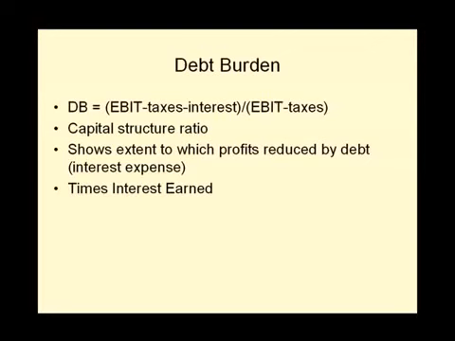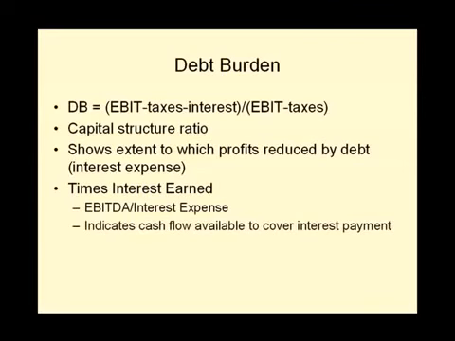A complementary ratio to debt burden is times interest earned, which is measured as the ratio of earnings before interest, taxes, depreciation, and amortization, or our old friend EBITDA, to interest expense. Times interest earned indicates the cash flow available to cover the interest payment.